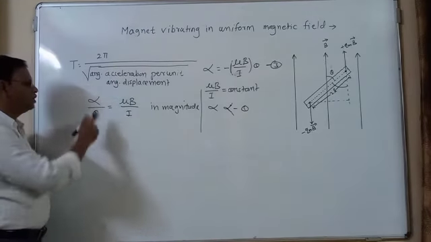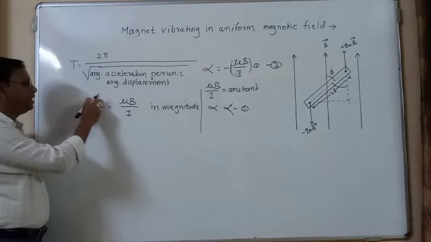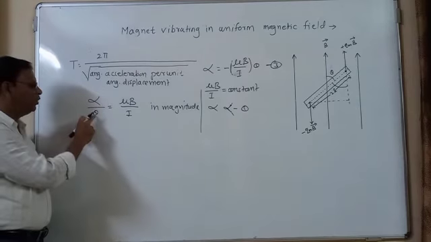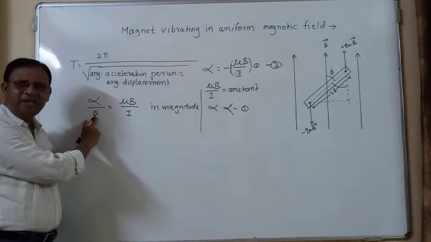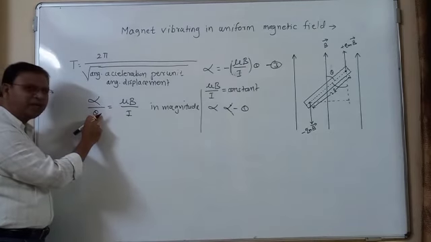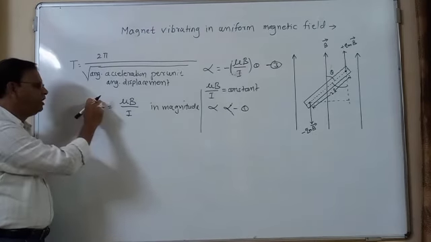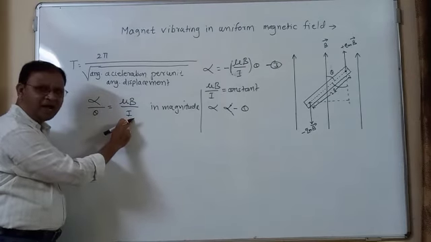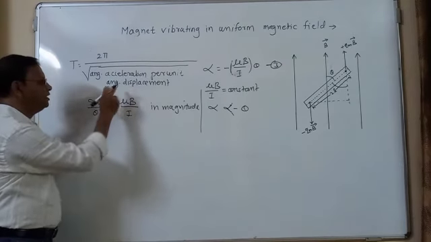So alpha by theta, what is alpha? Alpha is the angular acceleration. What is theta? It is the angular displacement. So it is angular acceleration per unit angular displacement, and that is mu B divided by I. So we can use it in this relation.